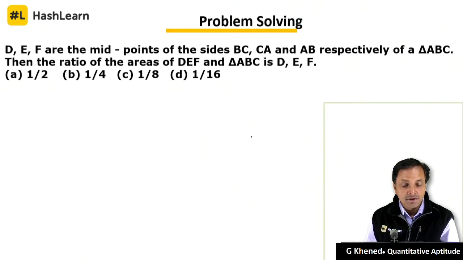D, E, F are the midpoints of the sides BC, CA, AB respectively of the triangle.